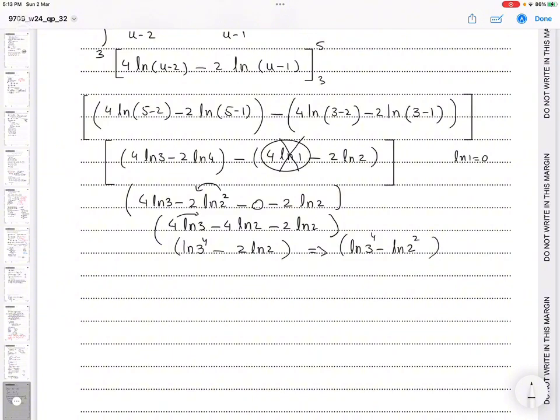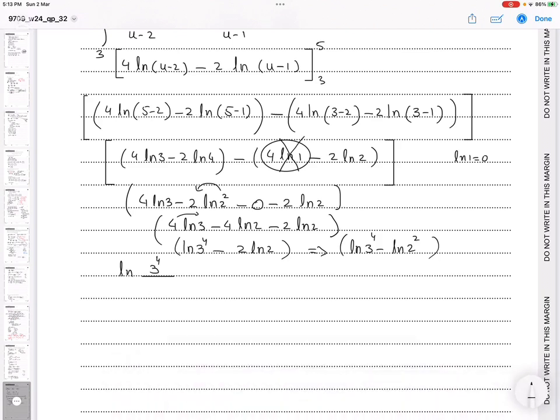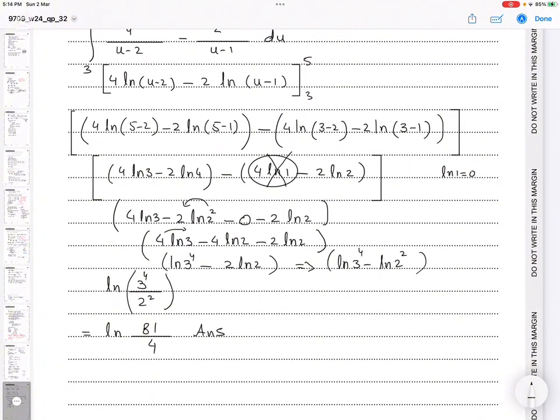When there is a minus sign between logs, we can divide, so we can write ln of 3 power 4 divided by 2 power 2. So this is ln of 81 over 4. This is our final answer. Thank you.